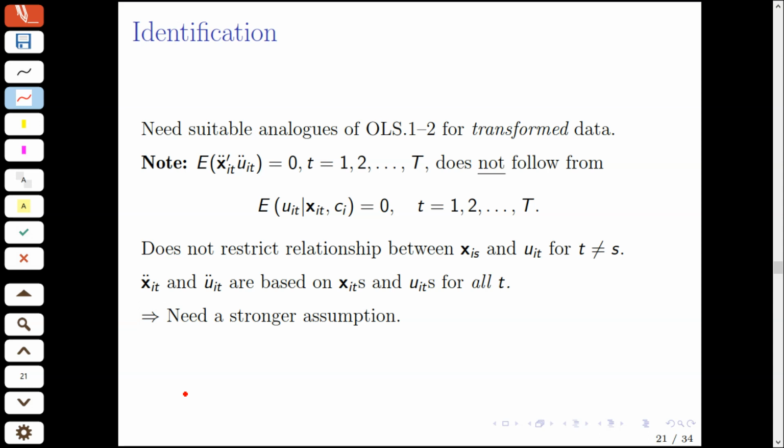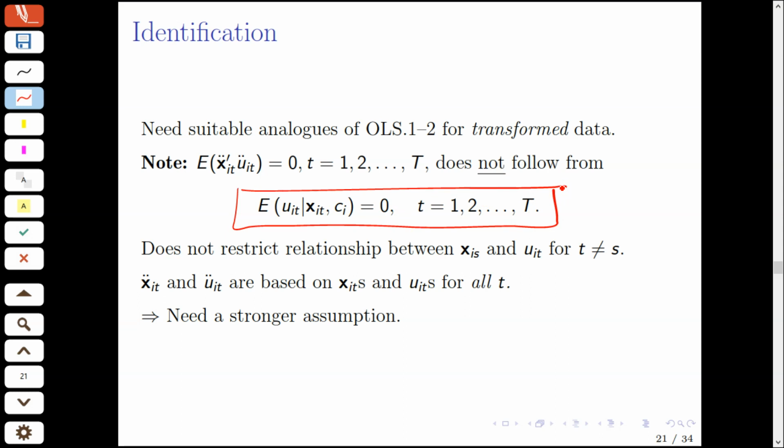Now, note here that the orthogonality condition, which amounts to OLS 1 for the transformed data, does not follow from our previous assumption of contemporaneous exogeneity, which is what I've repeated here in the displayed equation.